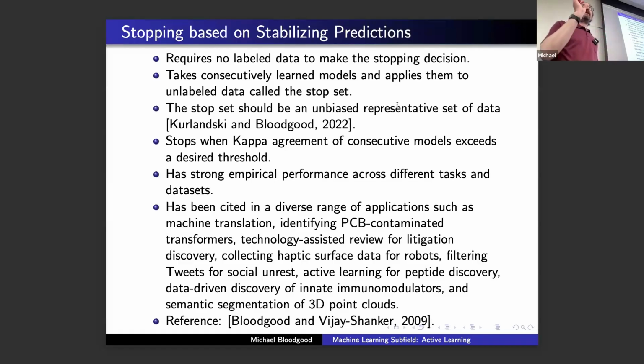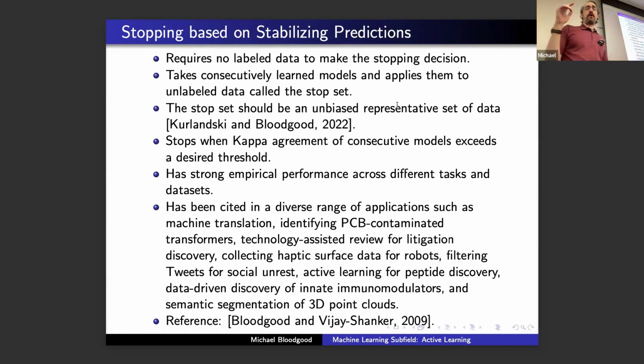There are some really nice features because it's not required to be labeled. For pool-based sampling, where the assumption is that unlabeled data is abundant and almost free to obtain, you can make it basically as large as you want and as representative as you want.